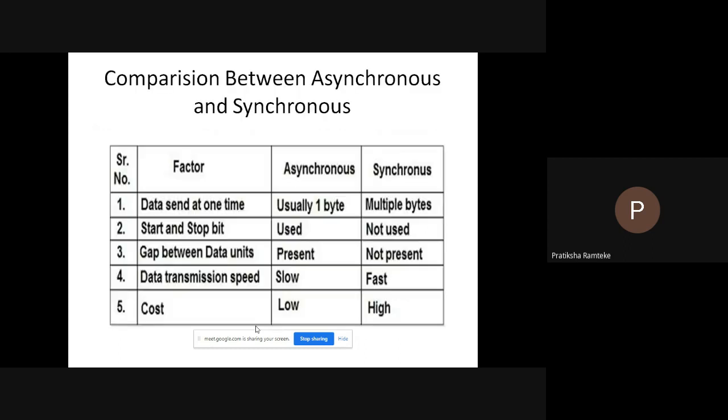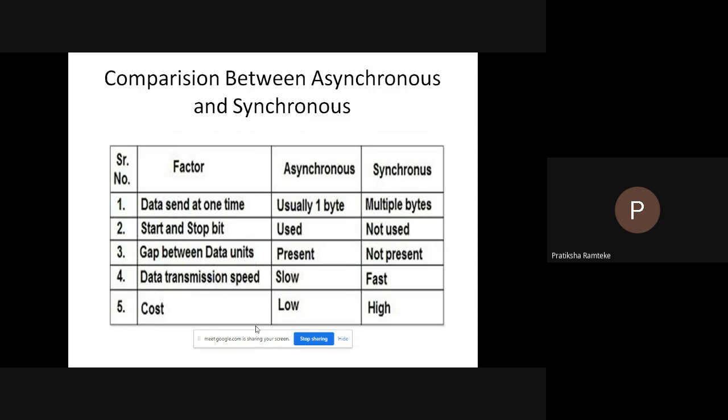Now we see the comparison between asynchronous and synchronous. Data sent at one time: in asynchronous, the data is transferred in the form of a byte, and in synchronous, they send multiple bytes.